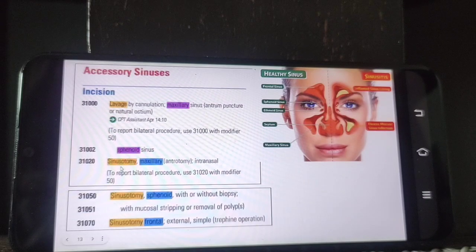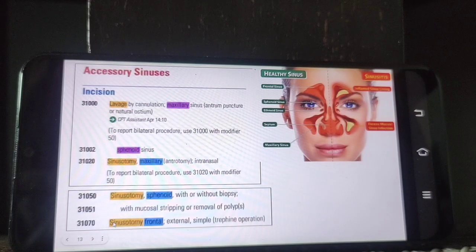Then 31020 is for sinusotomy. The surgeon directly makes a cut on the sinus and removes the infected air or fluid. For maxillary 31020, sphenoid 31050, and for frontal 31070.